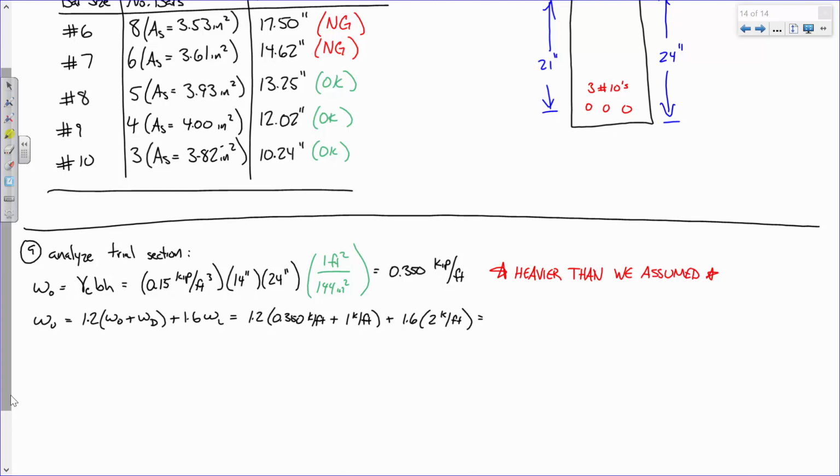Anybody got a value for me? 4.82. Yep. So now we can use MU is WL squared over 8, so that's 4.82 kips per foot, 22 foot squared over 8.